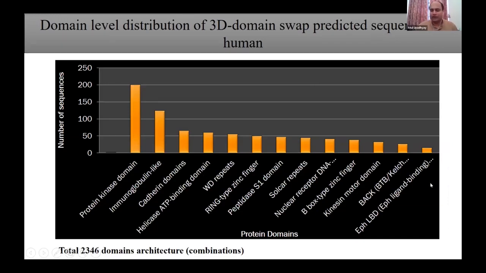There were many other domains present, but the most enriched domains were these ones. And when we checked their domain architecture, there were around 2,346 different domain architectures. We are all familiar that domain architectures give you different functions. That means a change in the architecture will give you a different function. So that's why we were also interested to see the domain architecture of these proteins.